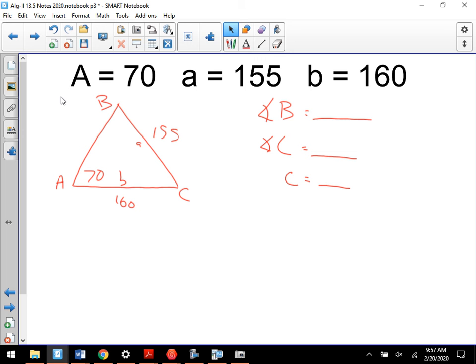Use law of sines real fast to go through that. We get sine 70 is to 155 as sine of B is to 160. So this will give us 160 sine 70 over 155. Inverse sine of my answer, I get 75.93.